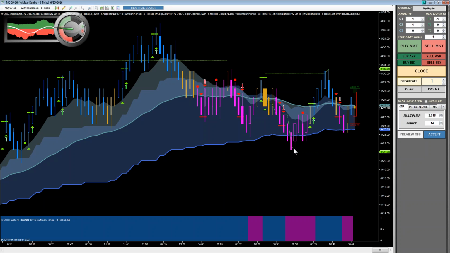So we opened, came down, kind of set a low, came up, retested the high. I guess technically you could consider this a soft edge sell. It's not a real pretty one, though.